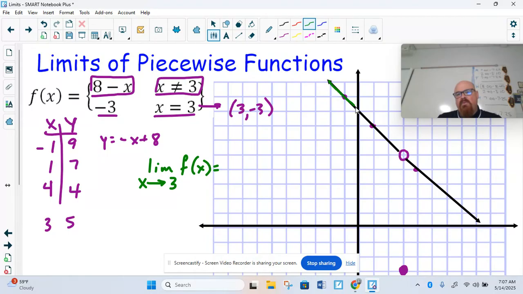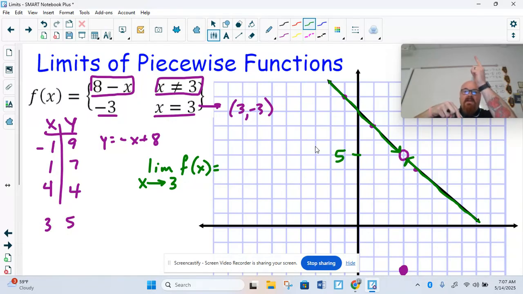As we approach an x value of 3 from the left, the y value appears to be approaching 5. As I approach an x value of 3 from the right side of this function, the y value appears to be approaching 5. Even though those arrows, those fingertips will never touch, they are converging on the same space.